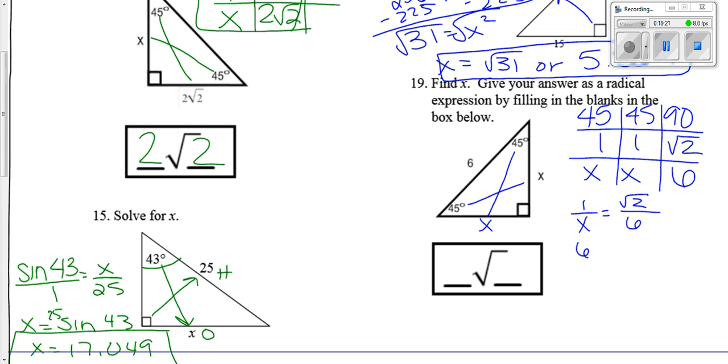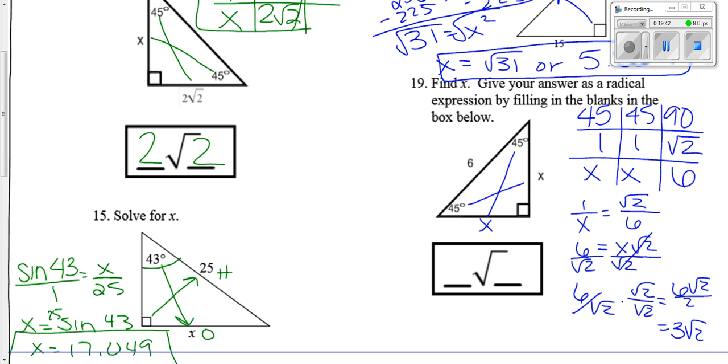Cross multiply, I get 6 equals x radical 2. Divide both sides by the square root of 2. And then this is 6 over the square root of 2. So I just have to rationalize it. Multiply top and bottom by the square root of 2. I get 6 square root 2 over 2, which is 3 square root 2.